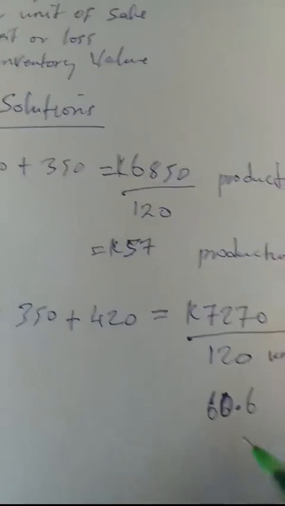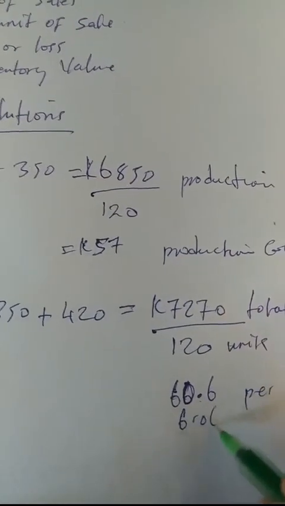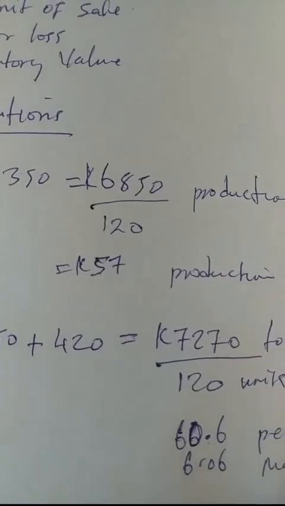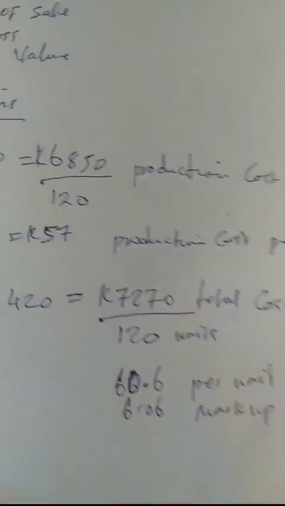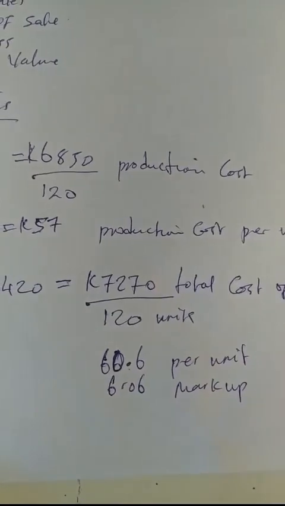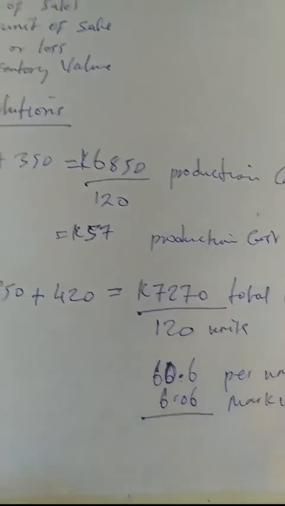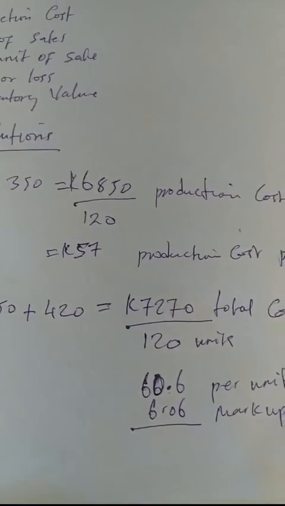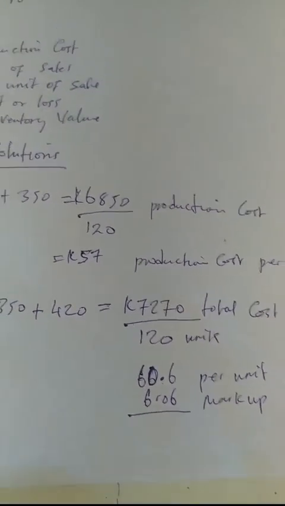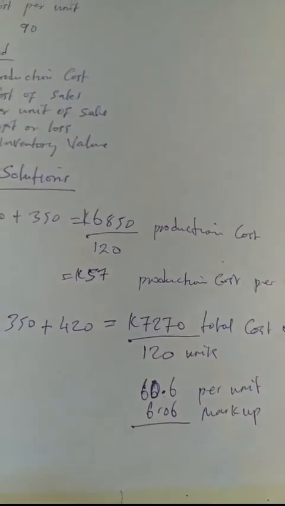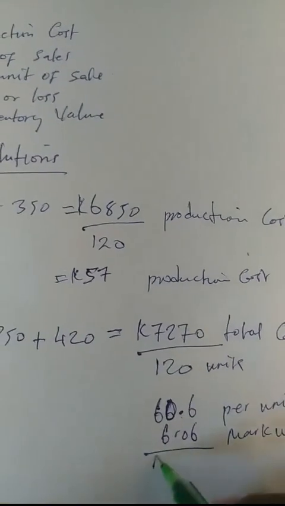So we're going to have 6.06 as our markup. Then let's add these two for us to find the selling price. We find that our selling price will be 66.66.